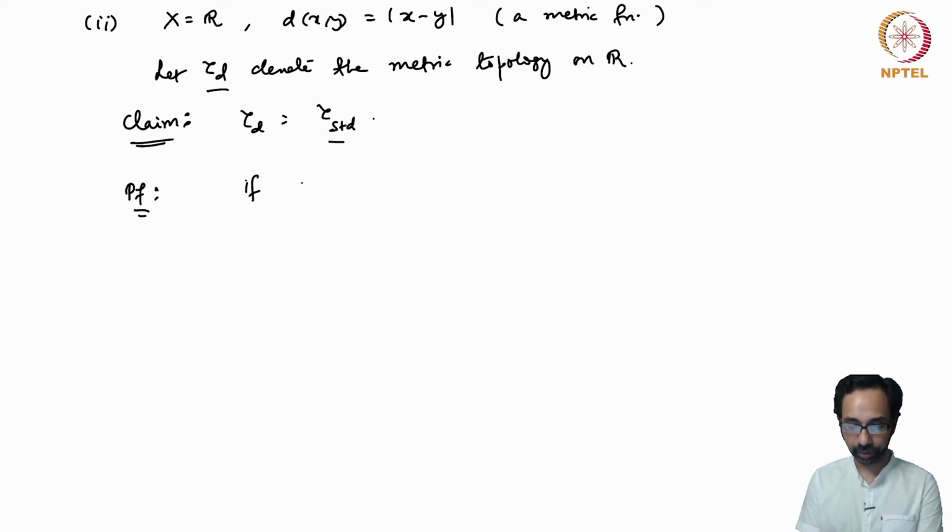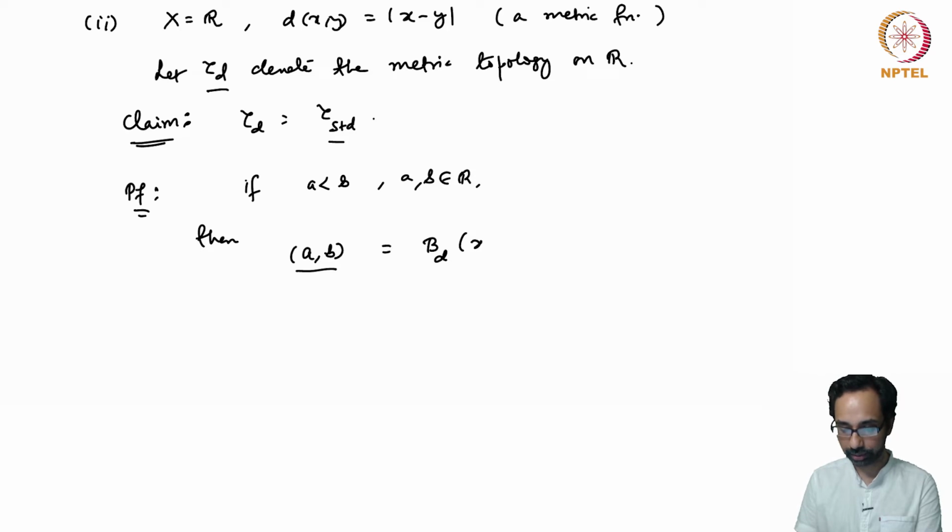If a is less than b in R, then the basis element for the standard topology, the open interval (a, b), can be written as BD(x, r), where x is the midpoint (a plus b) by 2 and r is (b minus a) by 2.